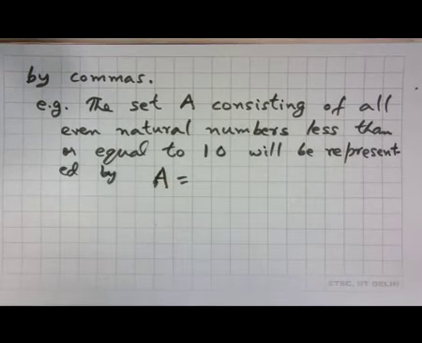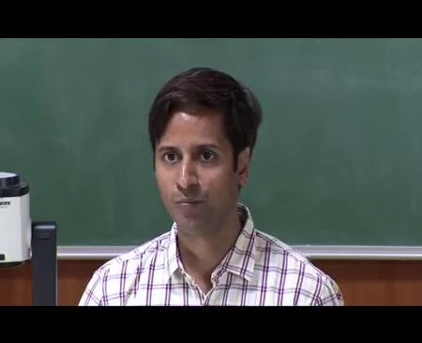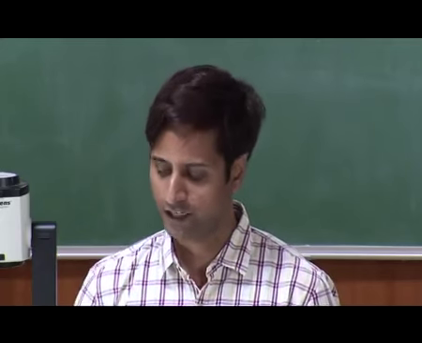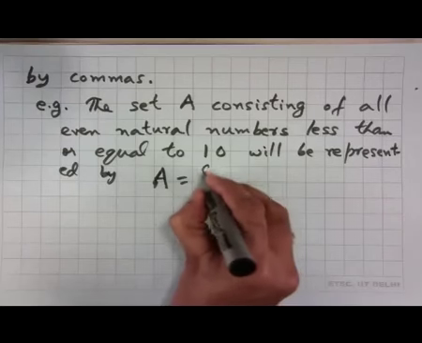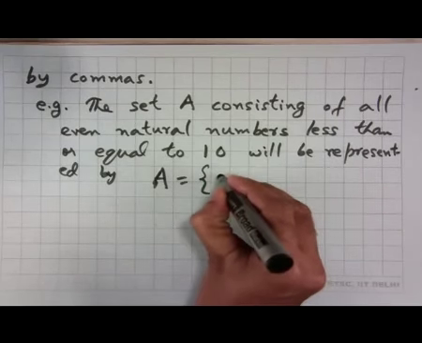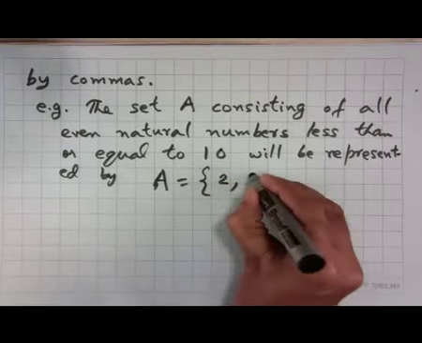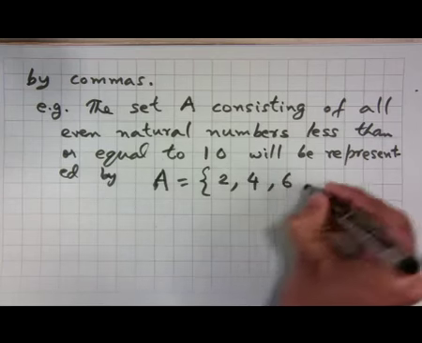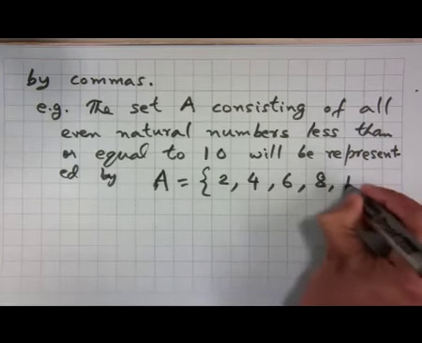We ask what are the elements of this set A. We want all the even natural numbers which are less than or equal to 10. The smallest such even natural number is 2, then the next one is 4, 6, 8 and 10.